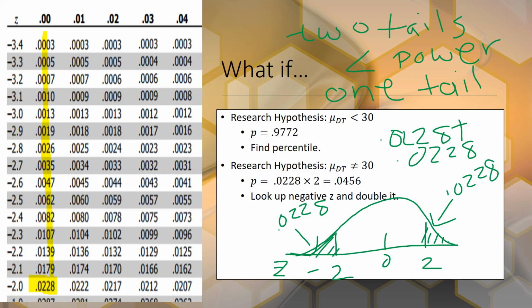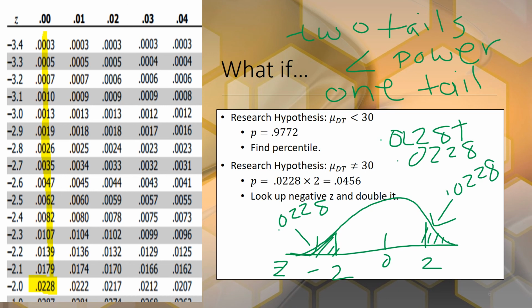So if you can have a less than or greater than hypothesis, you should. Now sometimes you don't know which direction it will be, so you have to do a 2-tailed. The thing with a 1-tailed is that if you get the direction wrong, then you're not going to find support for your research hypothesis. So you do have to know it's going to be in a certain direction or have a pretty good chance.